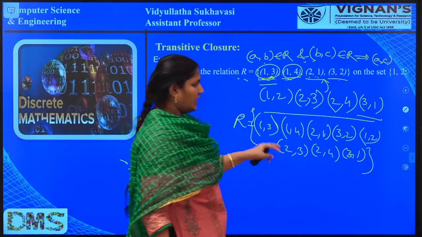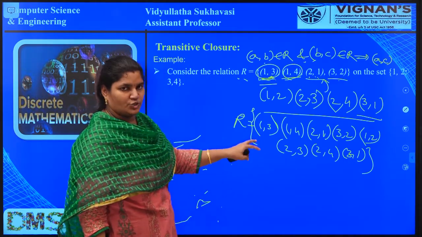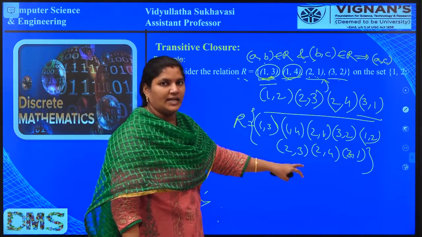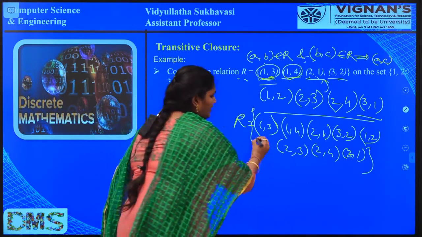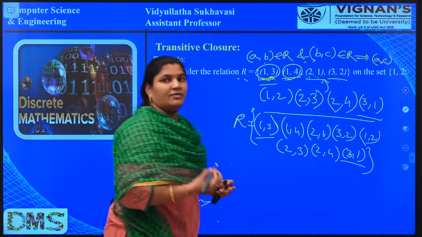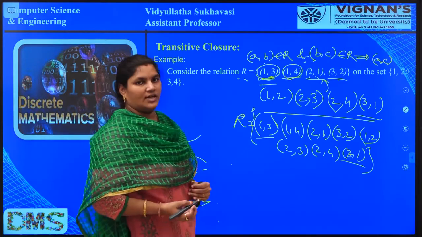From this again if we apply the transitive property, for these two ordered pairs we will get 1, 1, which is not in the relation R.